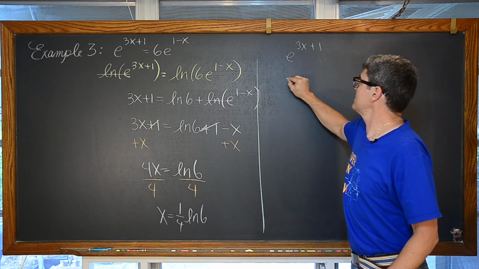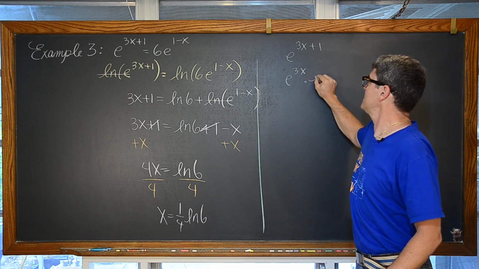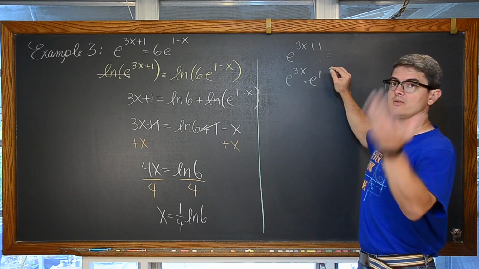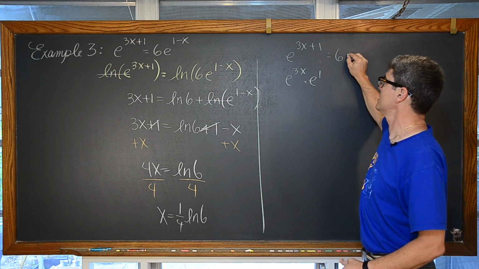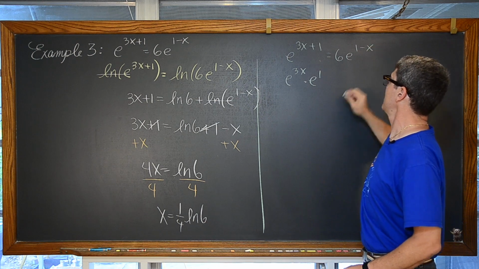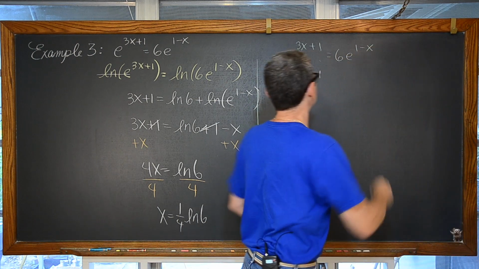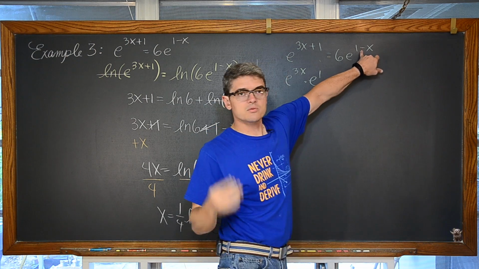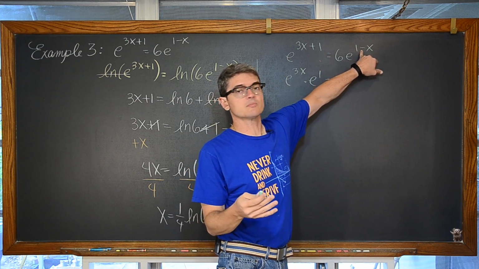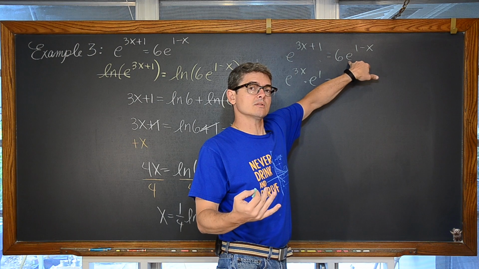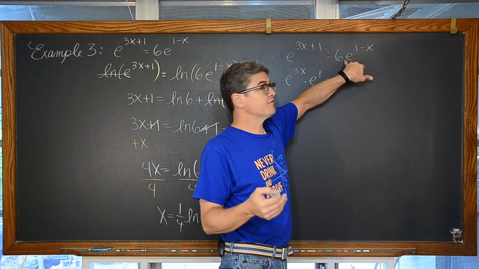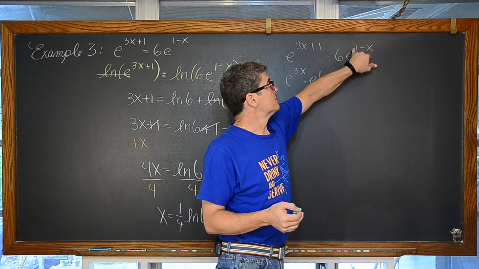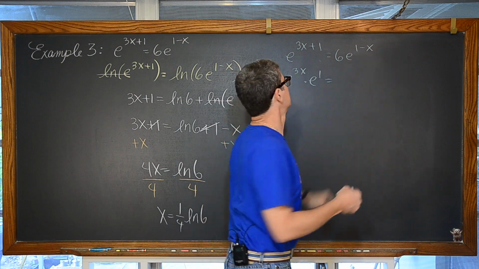So you could write this as e to the 3x times e to the first, and on the other side of this equation, we have 6 times e to the 1 minus x. Well, when do you subtract exponents? You subtract exponents when you divide like bases. So this is coming from e to the first divided by e to the x.